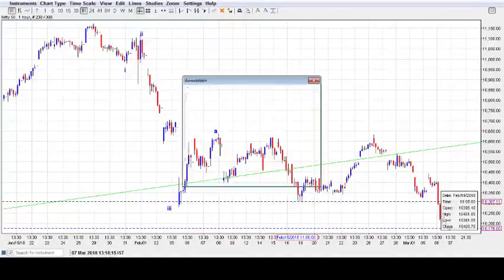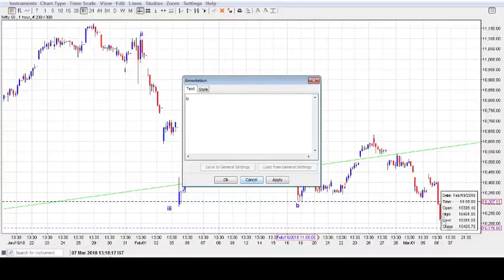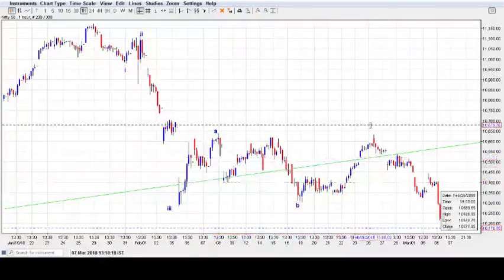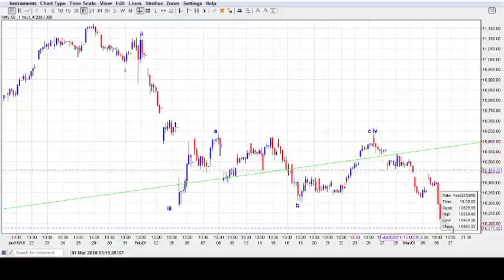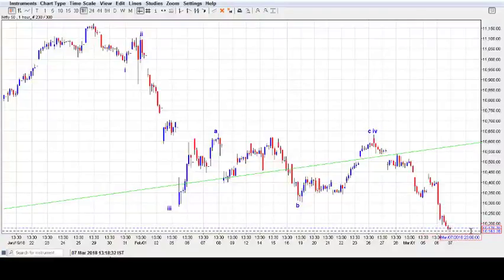See, we were of the opinion of a triangle forming, but it is not forming a triangle. It was just an ABC flat as wave 4. And can you count 5 here? 1, 2, 3, 4 and 5. It's almost done, I would say.